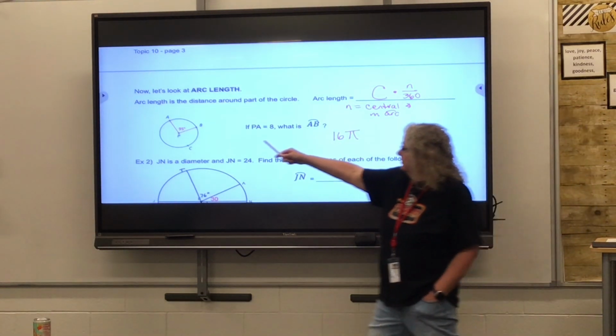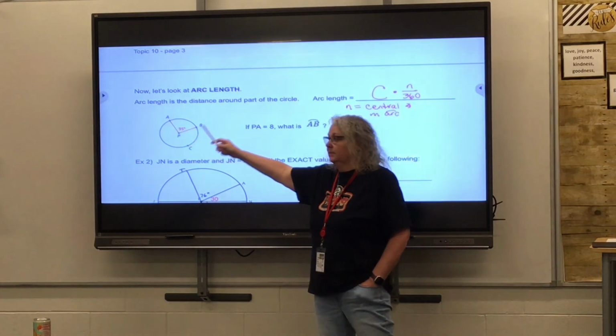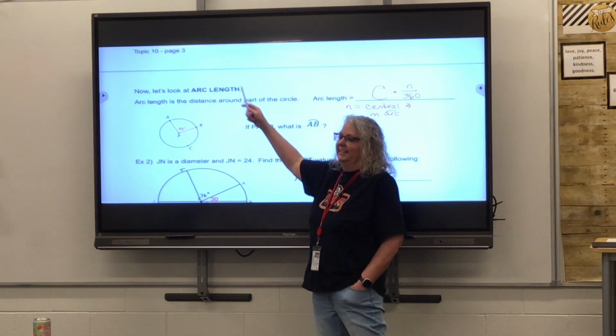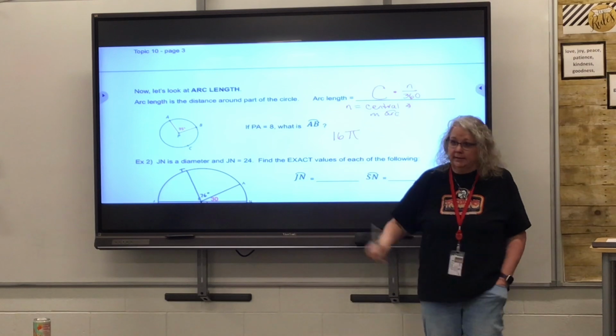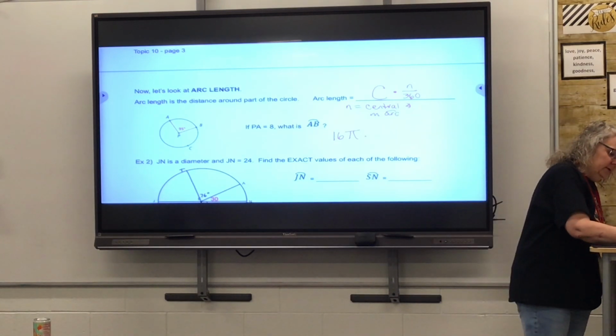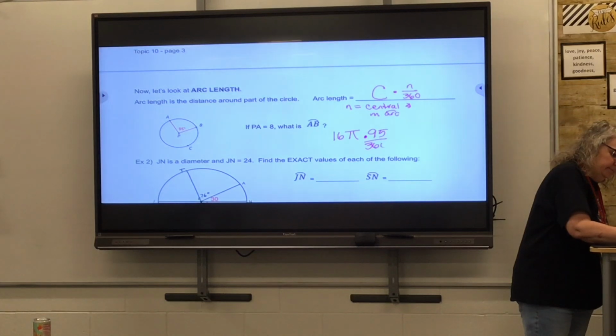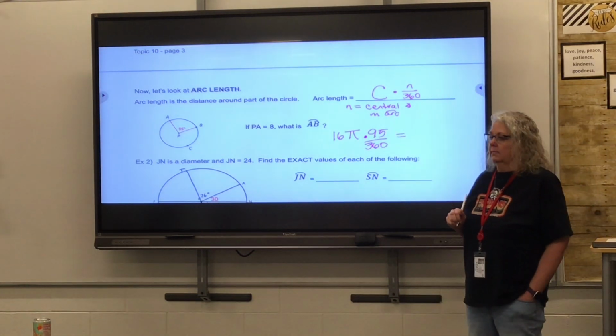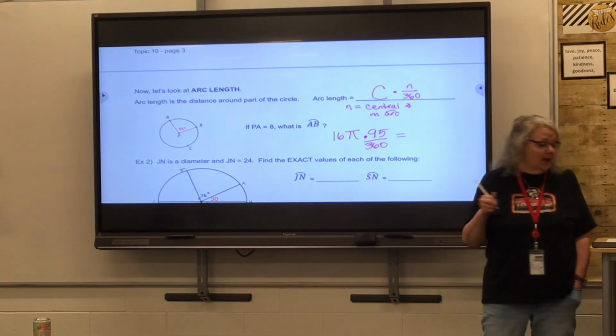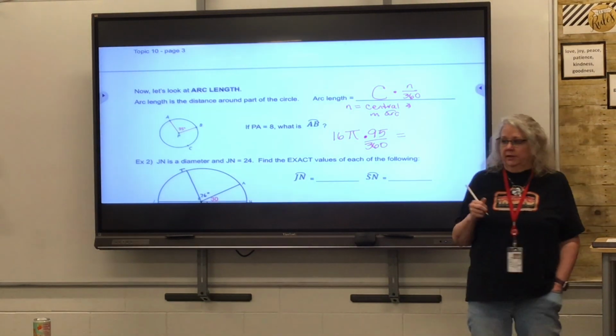Because if the radius is 8, the diameter would be 16. So your circumference would be 16 pi times 95 over 360, and then you're just going to simplify that fraction in your calculator.